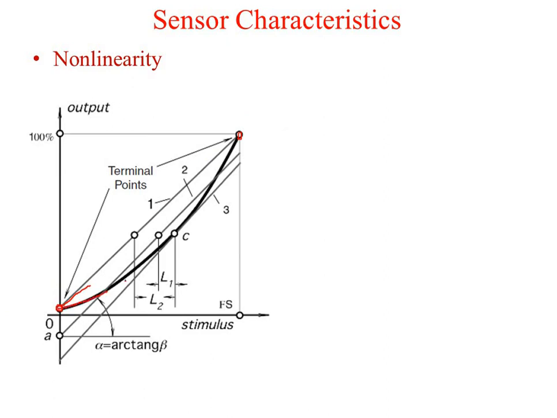This dark line will be the actual error you will be getting. At this stimulus you are supposed to get this value, but you are getting this much. So L1 and L2 will give you the errors that are caused.